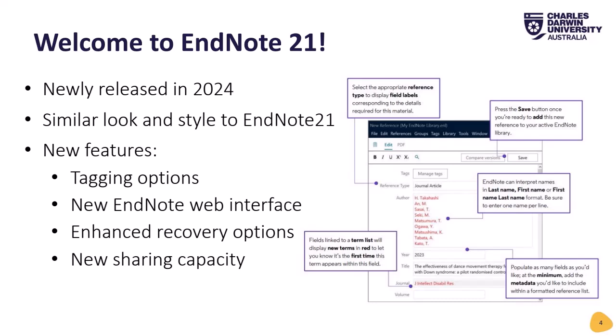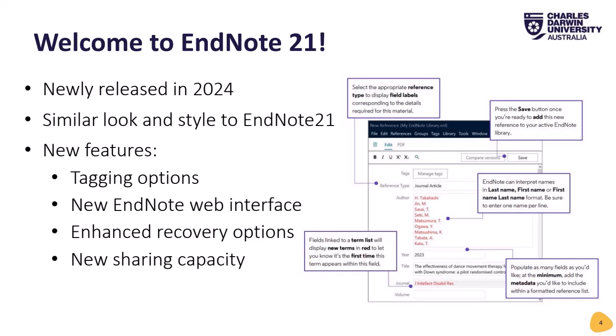And every time that EndNote release new versions, they have newer features. And then every time they've got an update to those versions, there'll be newer features again that are released with that update. So some of the newer features in EndNote 21 are the ability to add tags to your items in your EndNote library, the new EndNote web interface, enhanced recovery options for files that are lost or damaged using EndNote Cloud, and increased sharing functionalities as well.